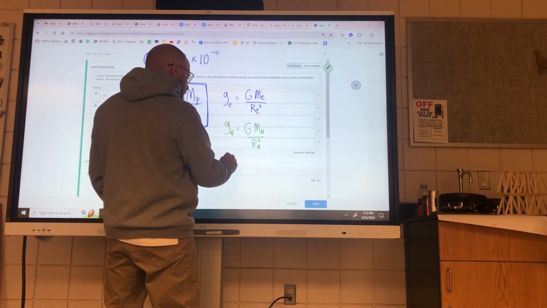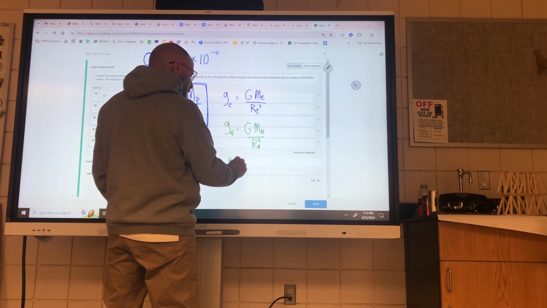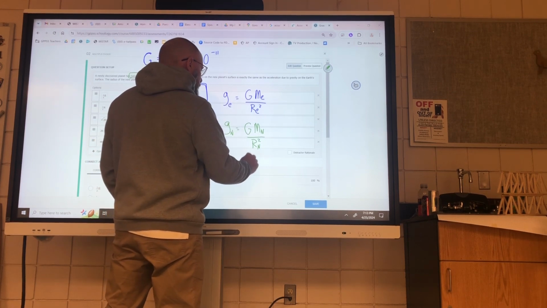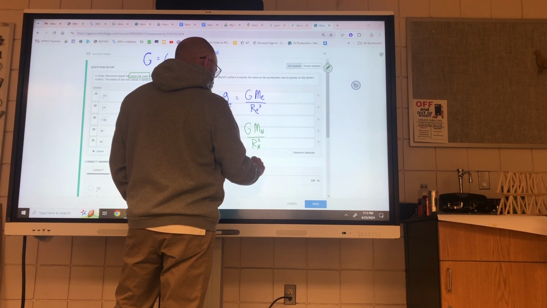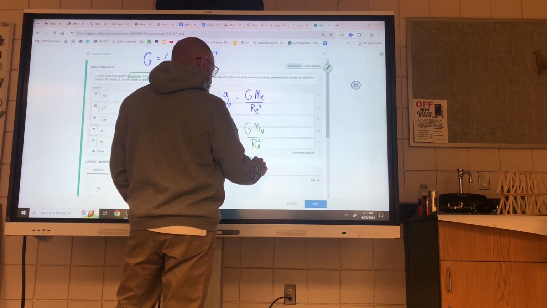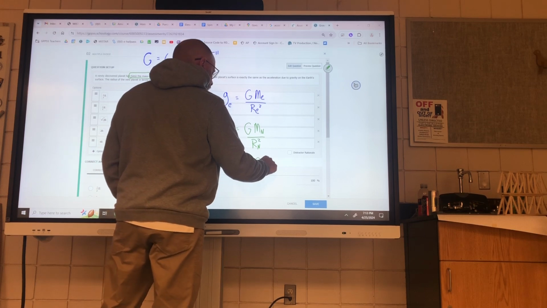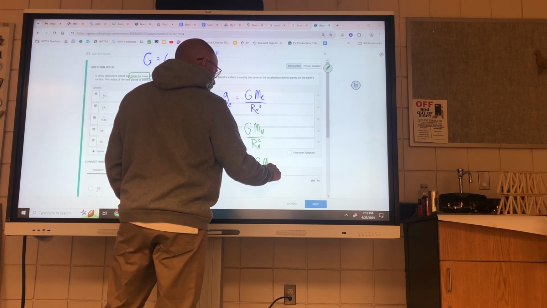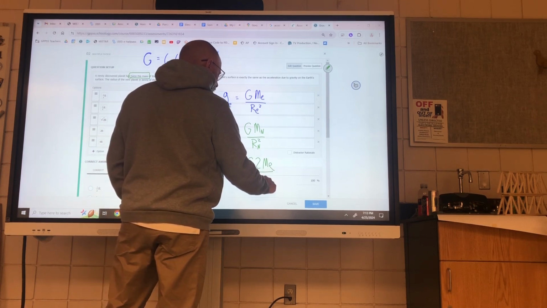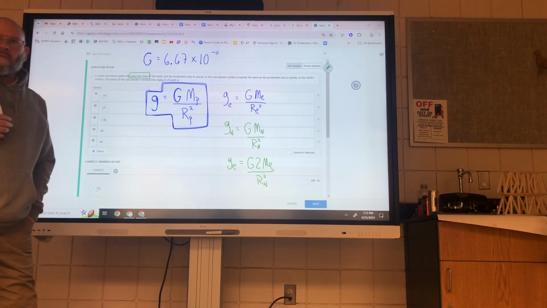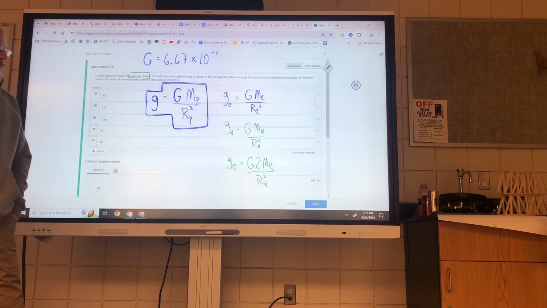Basically I'm saying that Ge is equal to G times 2Me over the radius of the new planet squared. Is that cool?